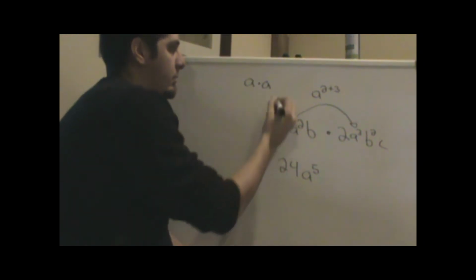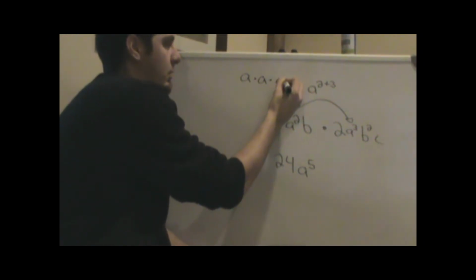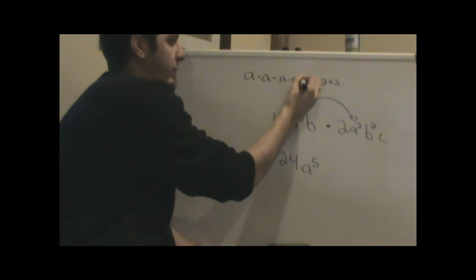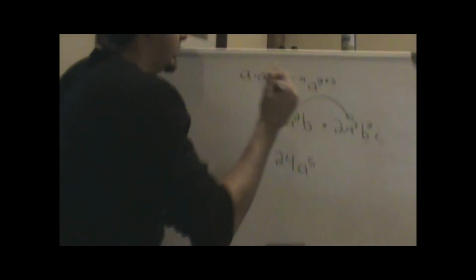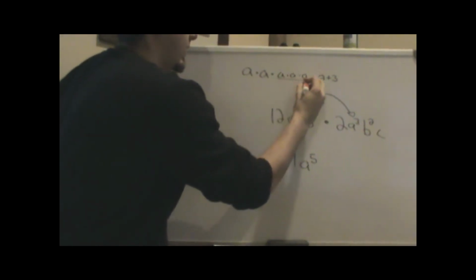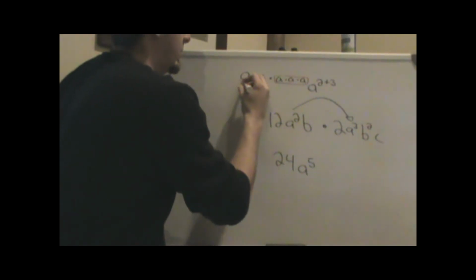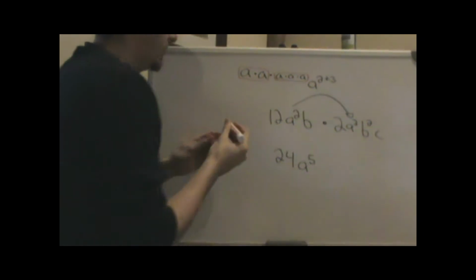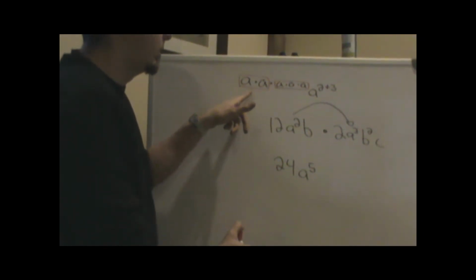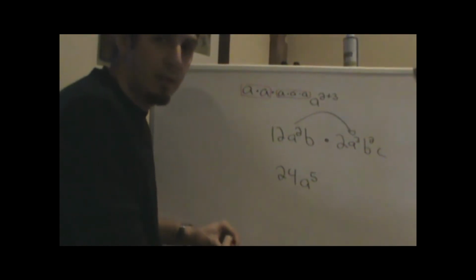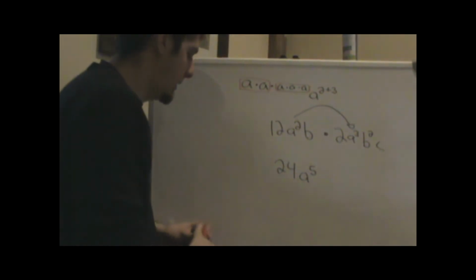There's a squared times a to the third. So here is a to the third, here is a to the second. If we multiply these two things, we end up with 5 a's being multiplied together, which is a to the fifth.